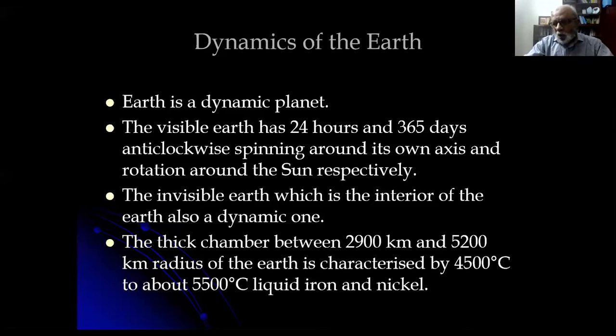So this motion is in fact keeping the outer core inside the Earth in motion, and it has a temperature of 4,500 to 5,500 degrees Celsius, an incredibly high temperature zone.